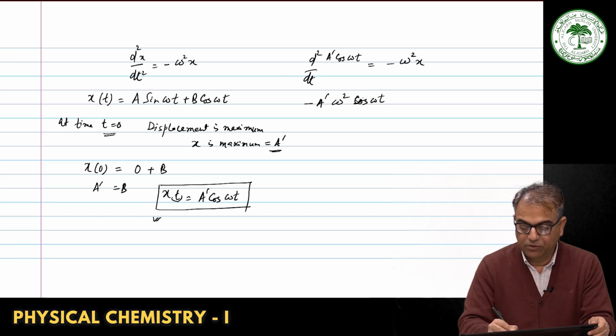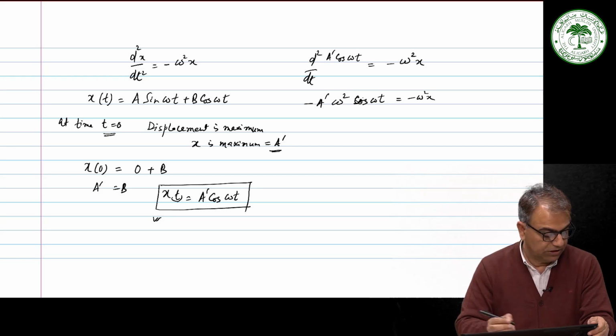Double differentiation, so minus omega square cos omega t. So, this we can do.